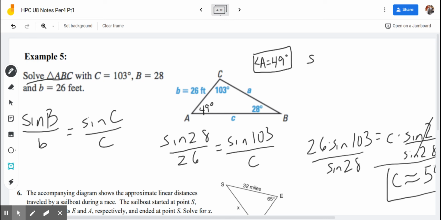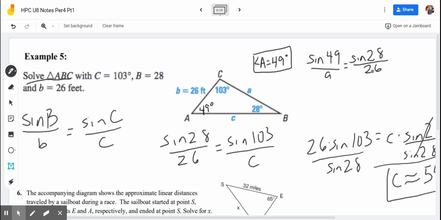So we'll have sine of 49 over little a, and then I'll use B again because this was an exact value. We didn't have to estimate anything. You could technically use side C and angle C, but it probably wouldn't be as accurate because we had to round that. So I'm going to skip a step here.